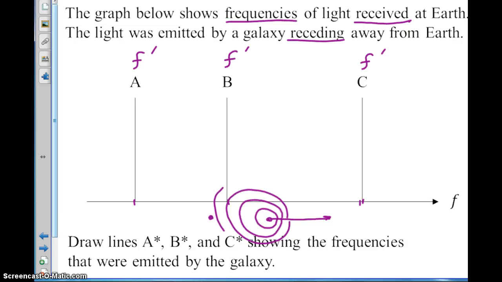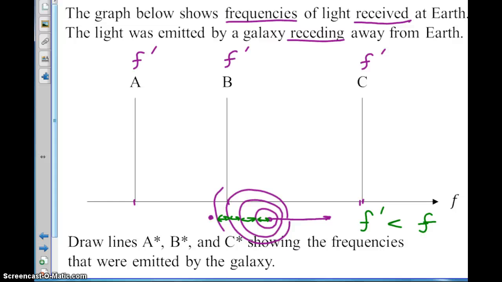But because those wavefronts are expanded due to the recession, we are struck with wavefronts less frequently. They arrive less frequently. So the observed or received frequency is lower because the wavefronts hit us less frequently due to the wavefront expansion.